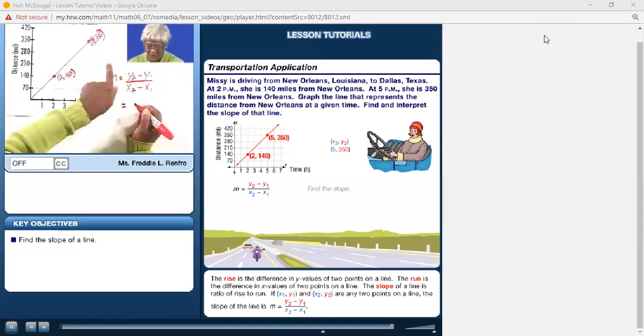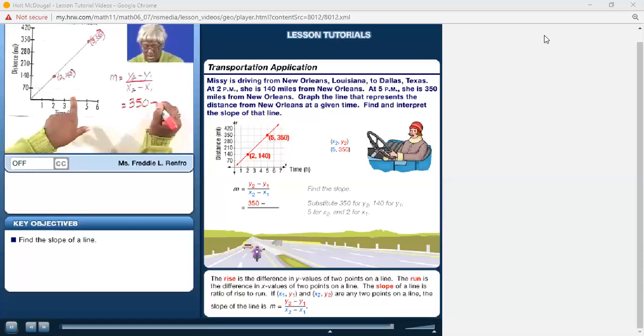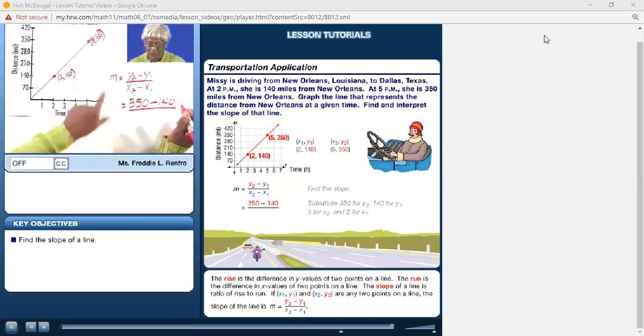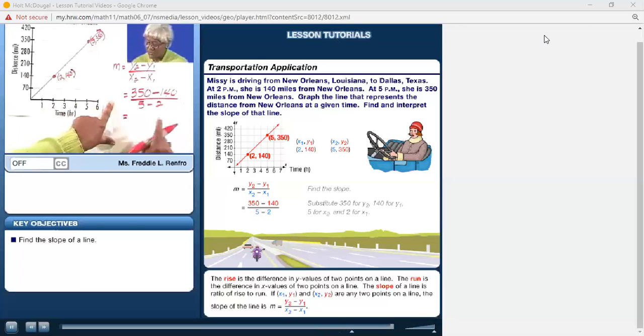This is 350 minus, let's call this x1, y1, 140, over 5 minus 2. When we subtract, we get 210 miles divided by 3. And what's that equal to? 70. So our slope is 70.